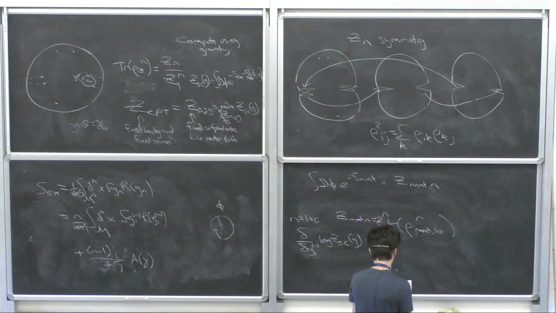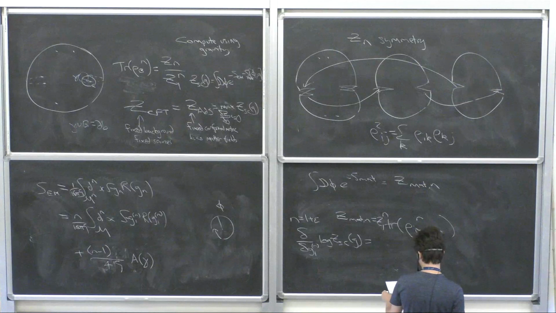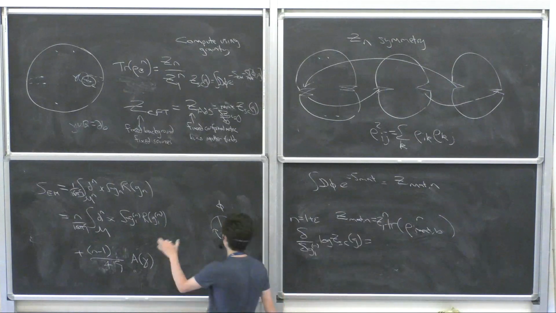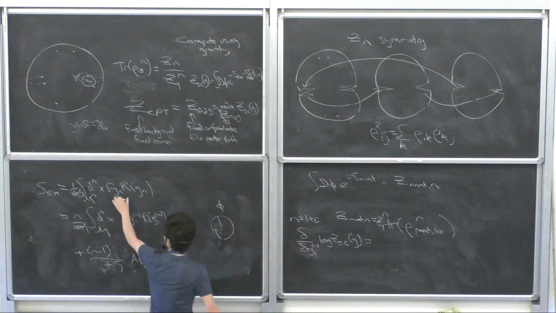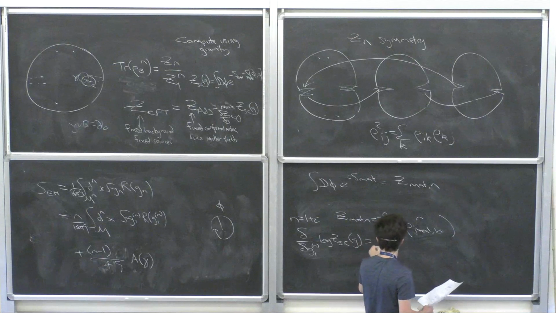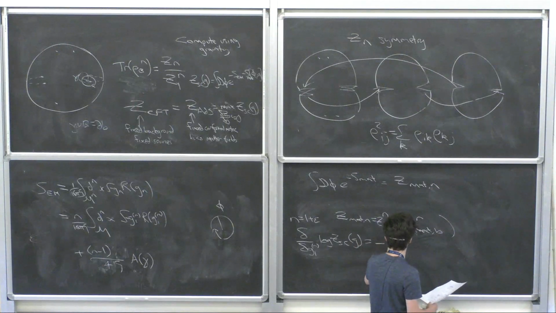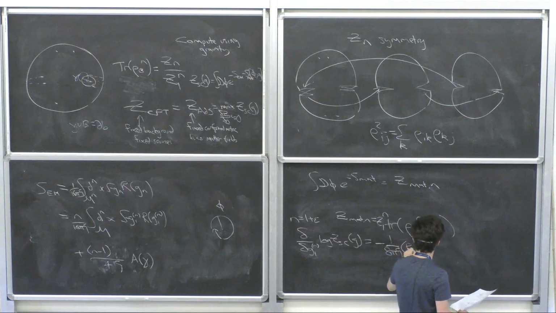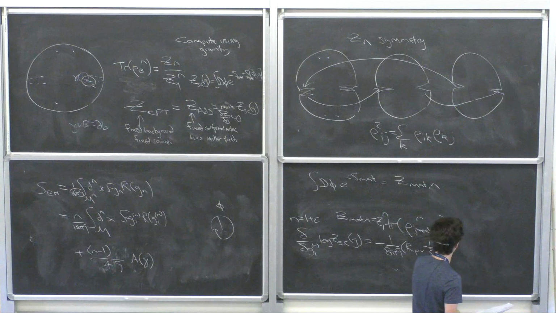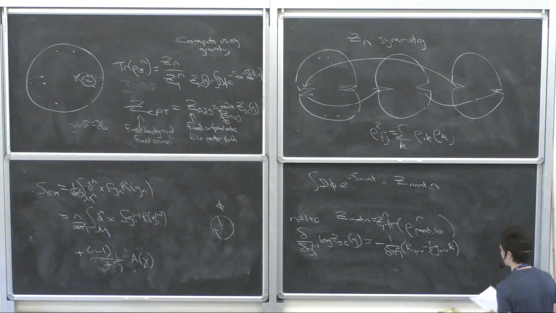So the only contributions that show up when n is equal to 1 are the derivative with respect to the metric of the Einstein-Hilbert action just on that n equals 1 geometry. That just gives us the Einstein term, 1 over 8 pi G times R_mu nu minus a half g_mu nu R. That's how we define Einstein's equations.